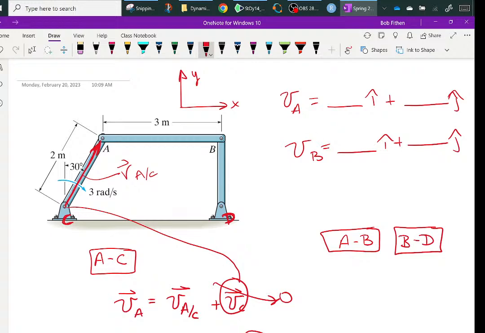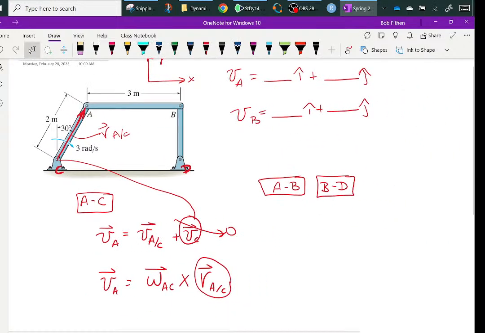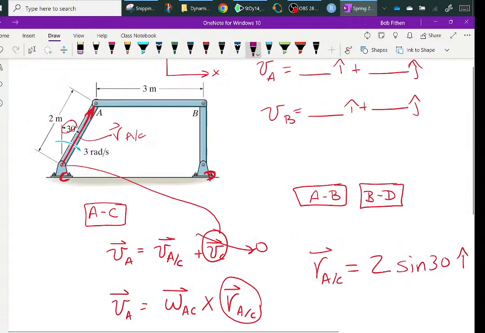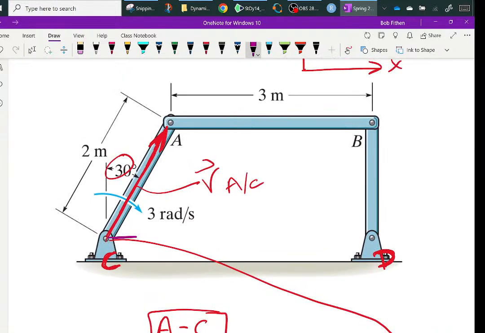So that vector looks like it's a 2, sine 30, is it a 30 degree angle right there? Hang on, RAC. All right, so what I'm trying to do is find this vector component here and this vector component here.